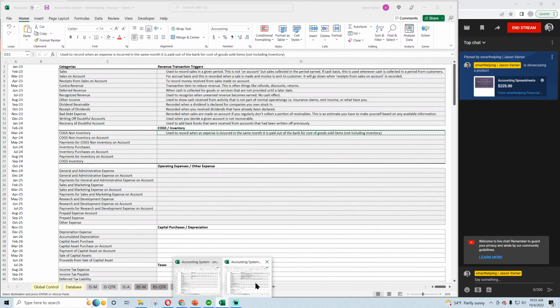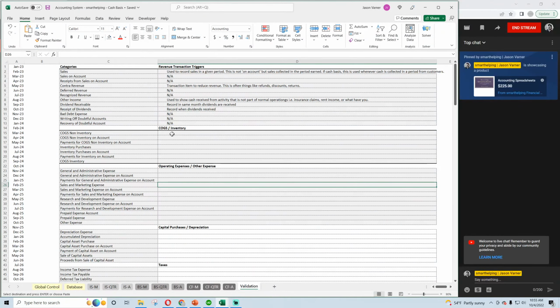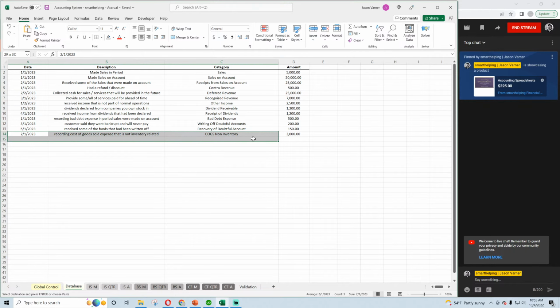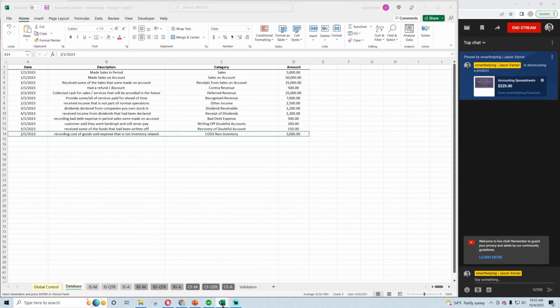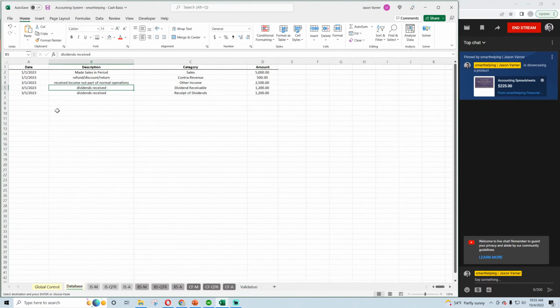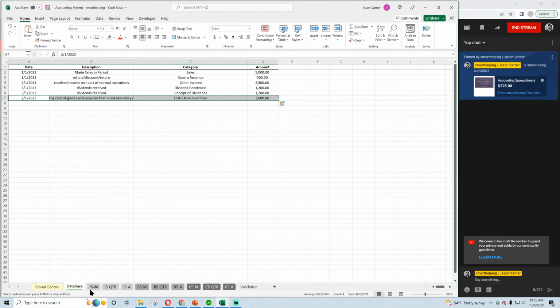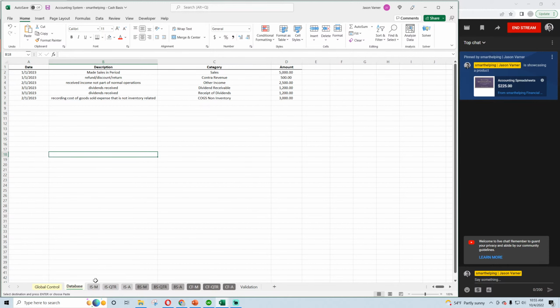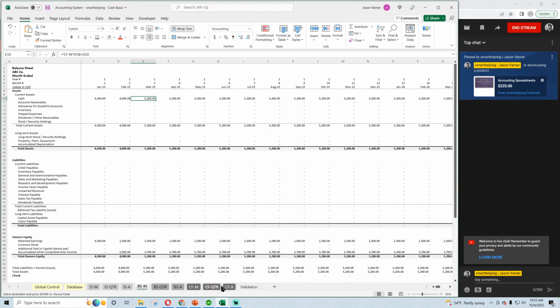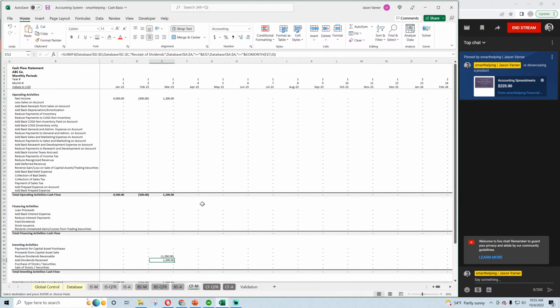Now this is the same for cash basis. You put that in here. And yep, so non-inventory balance, perfect. So that's fine.